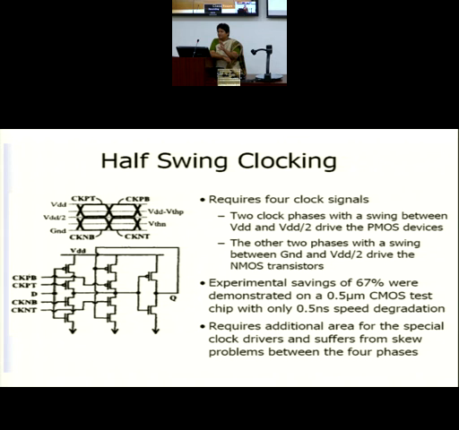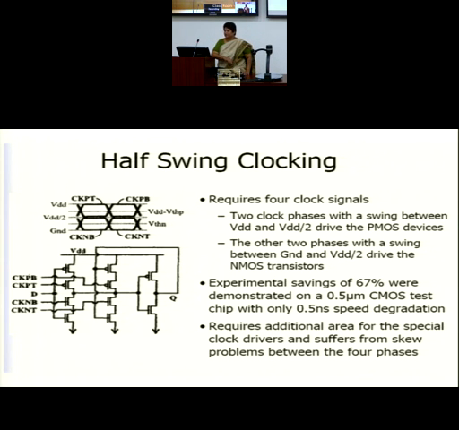You are not allowing the clock waveform to change by more than half. It can be VDD to half VDD, it can be 0 to half VDD, or half VDD to 0, or half VDD to full VDD. At any point of time, we do not allow the clock waveform to have more than half the swing.